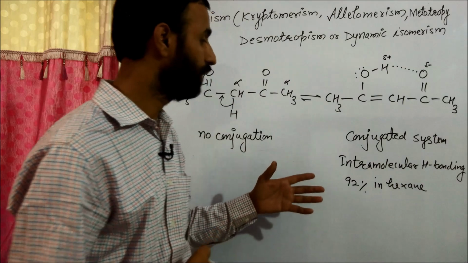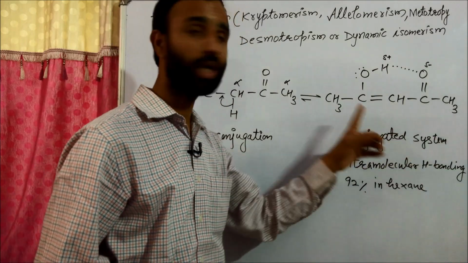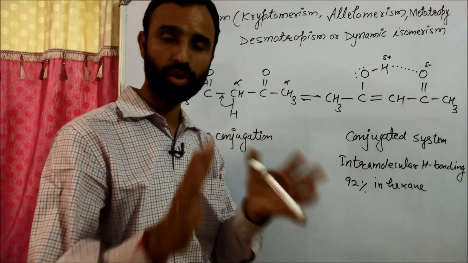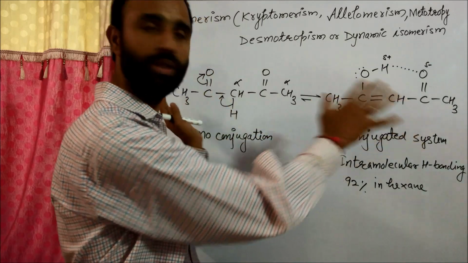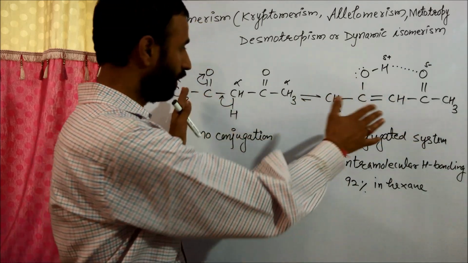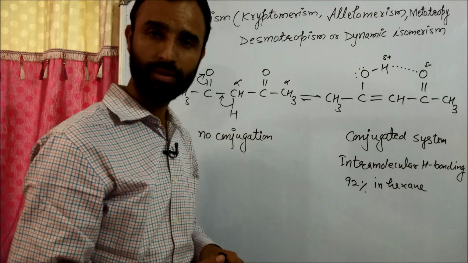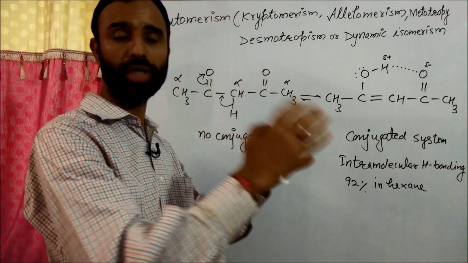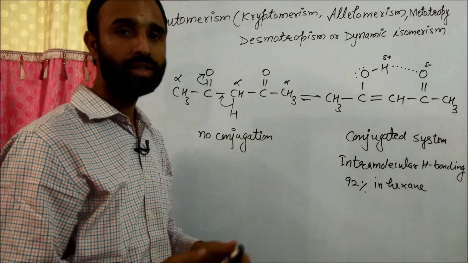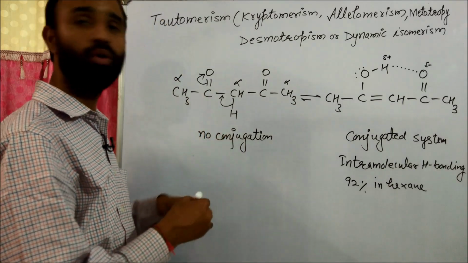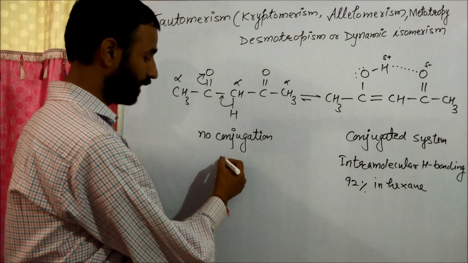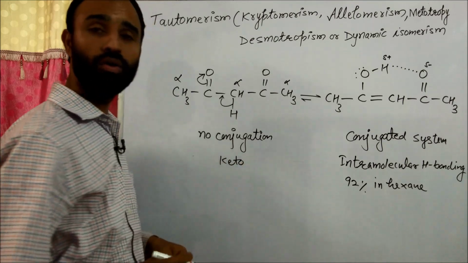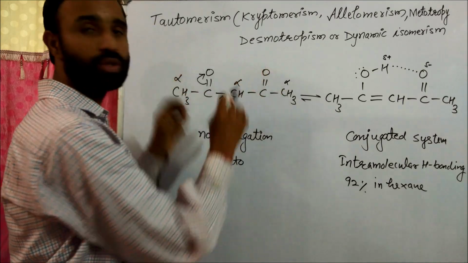But if we have a non-polar solvent, it favors enol content, because non-polar solvent cannot form hydrogen bond with any compound. But if we have polar protic solvent, then that stabilizes the keto form by forming hydrogen bond.